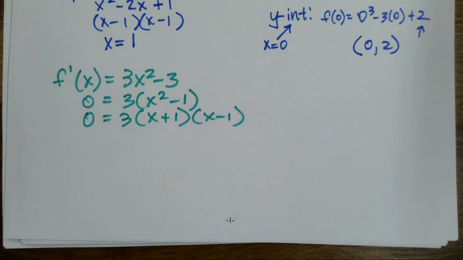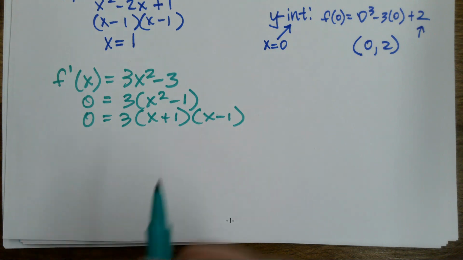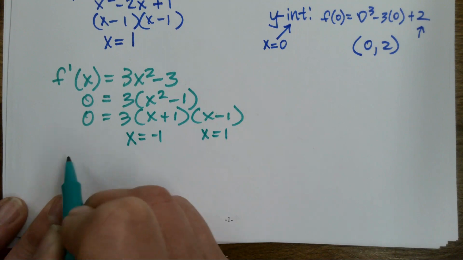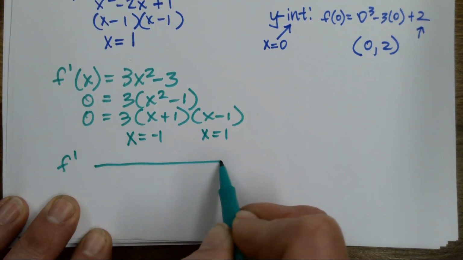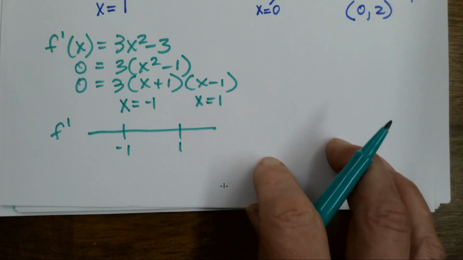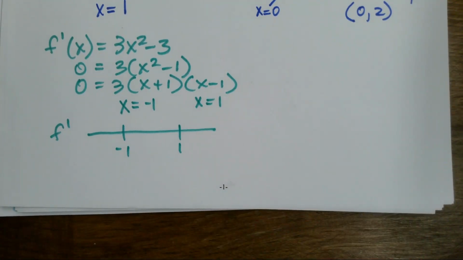This one factored nicely. There are occasions when it doesn't, but this one did factor nicely. And so my x's are -1 and +1, and I'm going to make my f prime chart. Does that ring a bell a little bit from last chapter, hopefully? Now I do test points and decide if it's a max or a min.